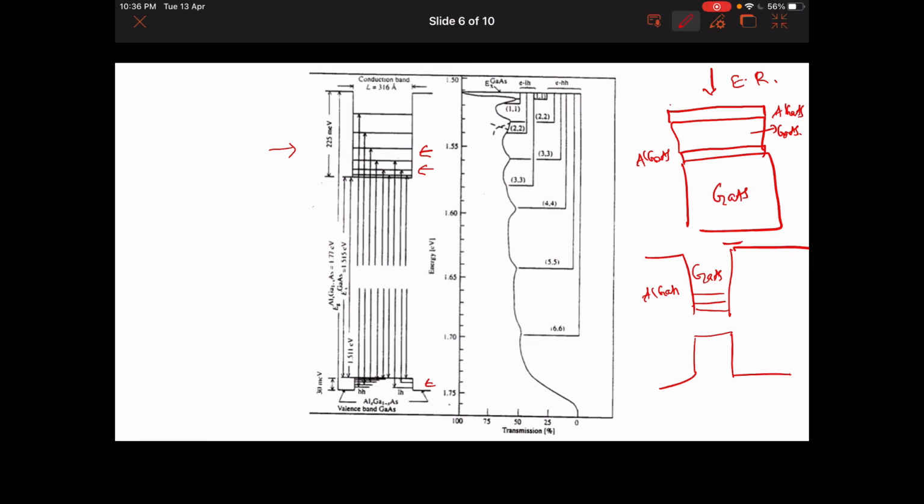And here you will see that I will have peak positions corresponding to various conduction and valence bands. So here 1 1 means the first conduction band and the first valence band, 2 2 means the second conduction and second valence, 3 3 is third conduction and third valence, and so on and so forth, right?